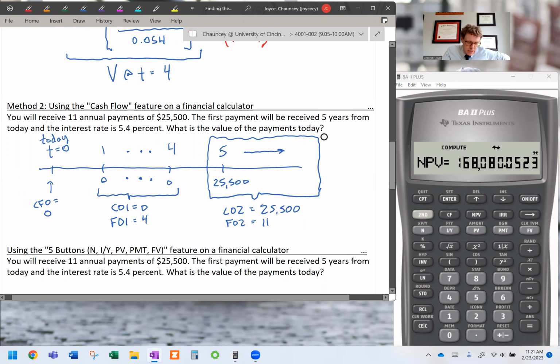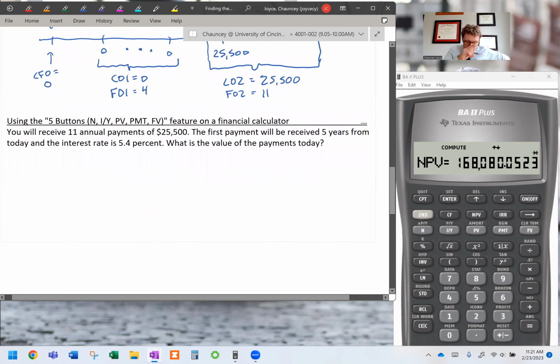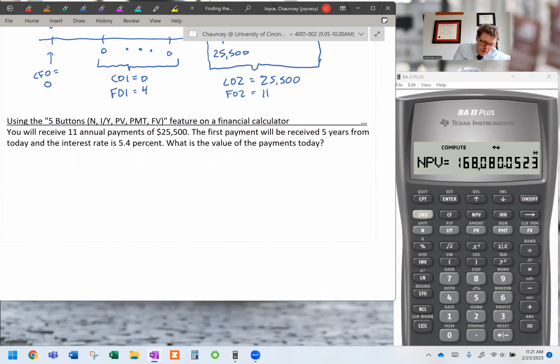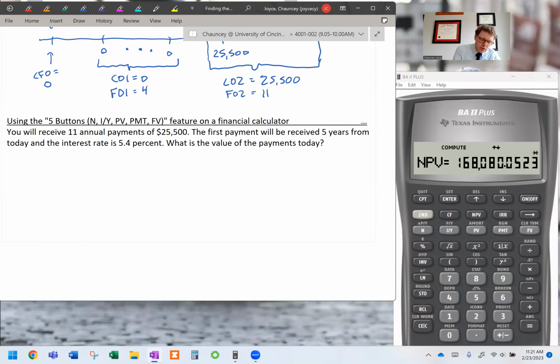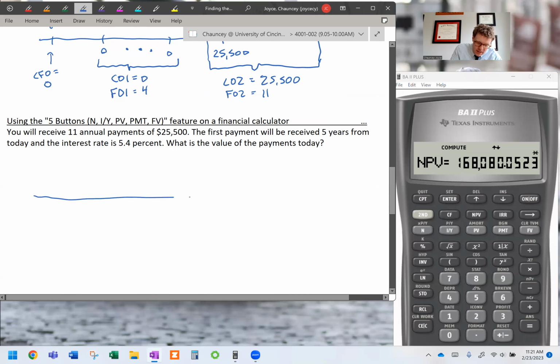You can do this. Now, there's another approach we could use. If you're used to this row of 5 buttons, N, IY, PV, payment, and FV, that will also get you there. It's still a 2-step approach where, if you outline this on a timeline, you can see that this is the portion of an annuity.